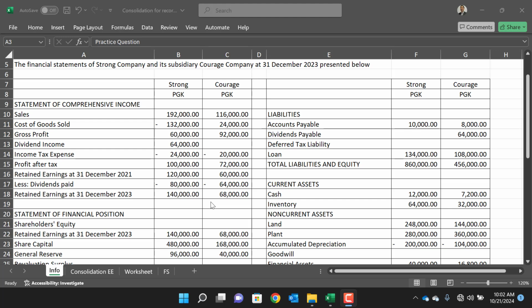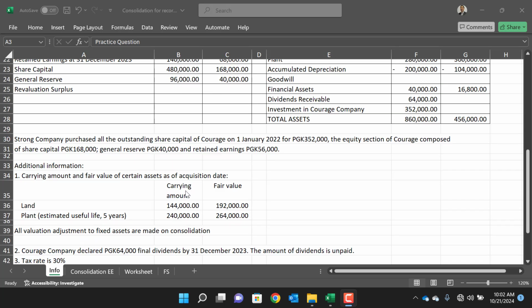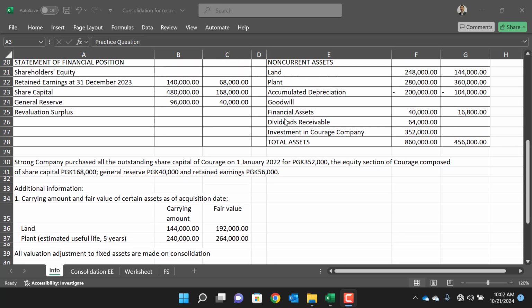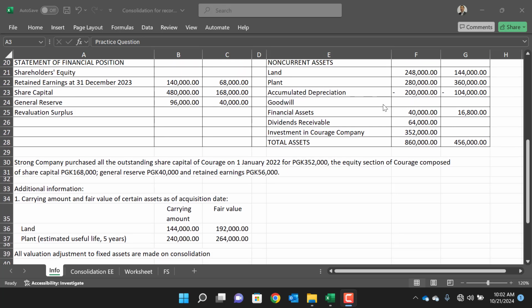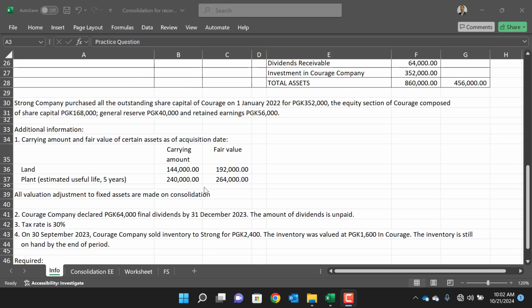Alright, let's start off with the elimination entry. Our first focus will be before you calculate goodwill. As you can see here, it's nil. You need to adjust the books. It is common in consolidation, as you can see here, that the revaluation is done on consolidation, but there are chances that the adjustment of fixed assets can be done before consolidation.